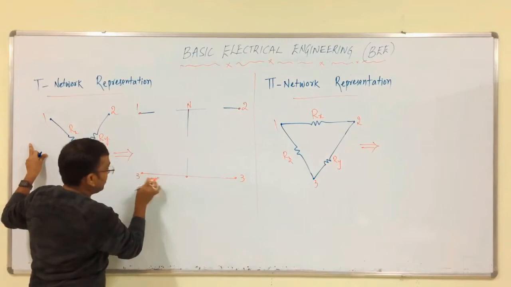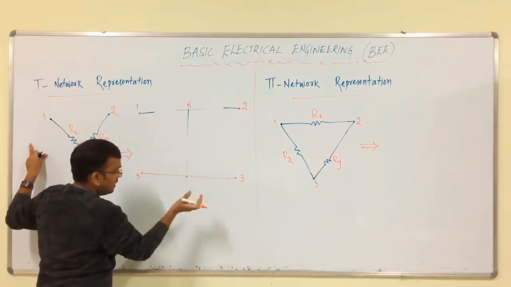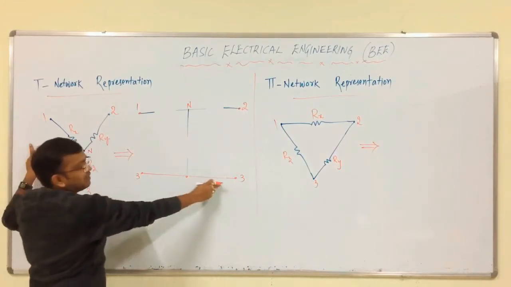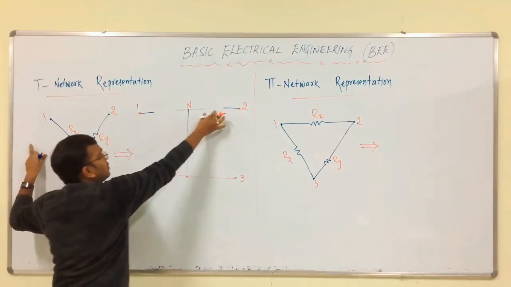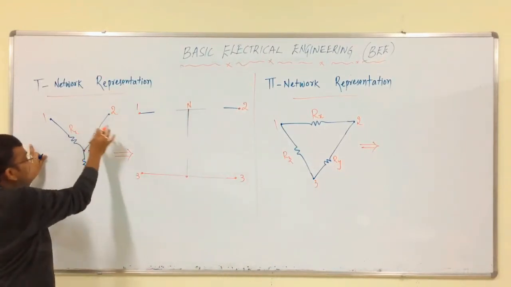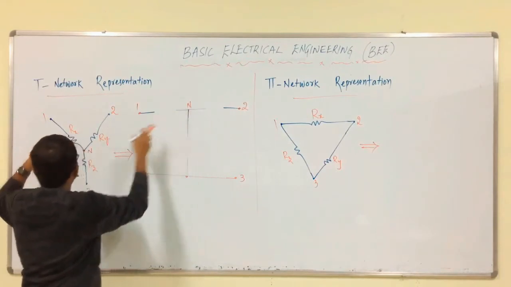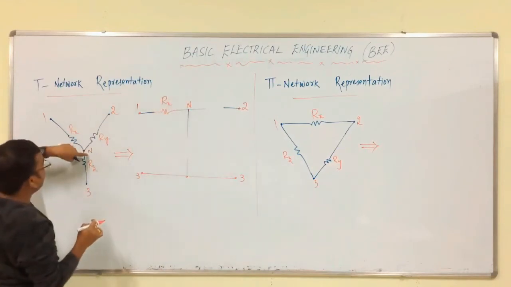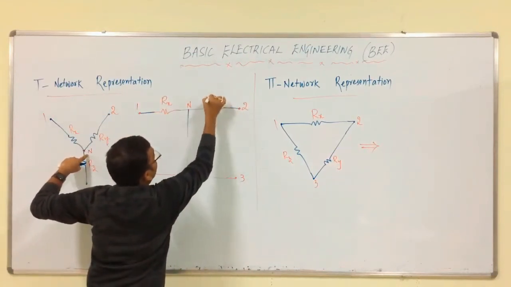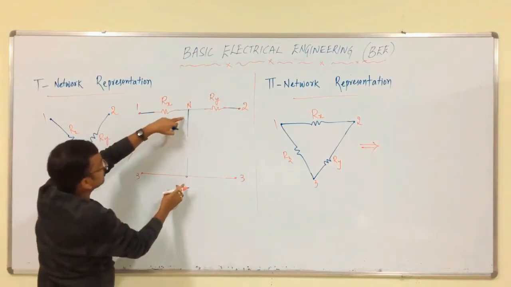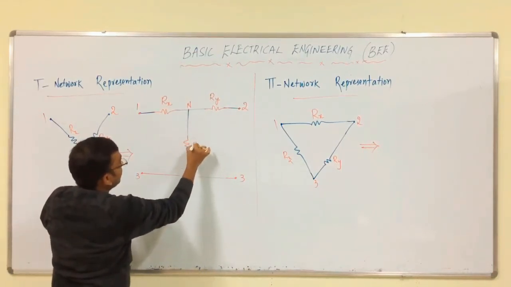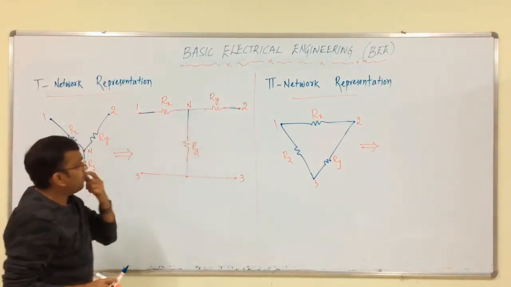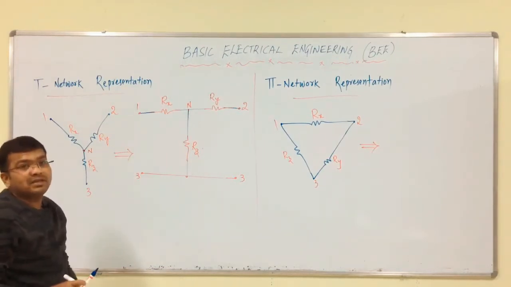There is no resistance through this branch, so it represents terminal 3. Between 1 and the neutral point we have Rx, between 2 and n we have Ry, and between 3 and n we have Rz. It looks like a T, so this is the T network representation.